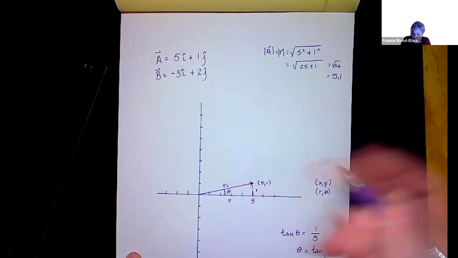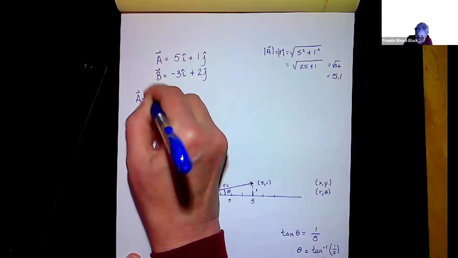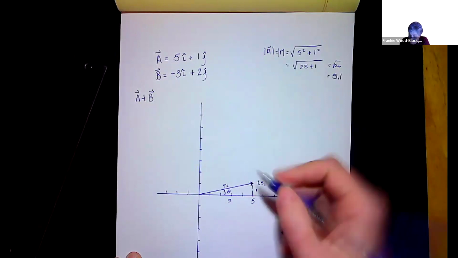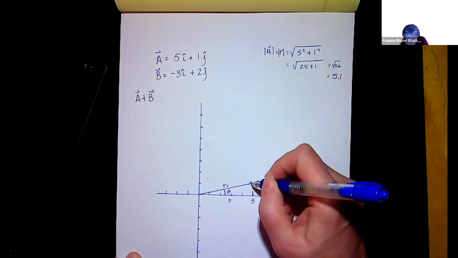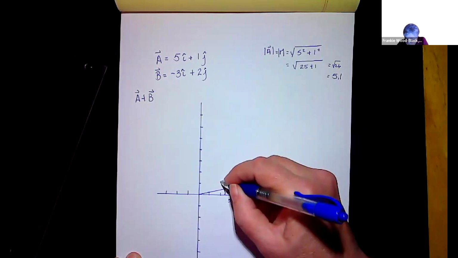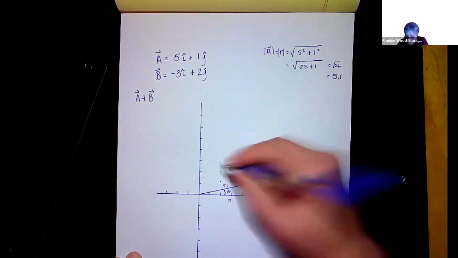So if I want to add vector A plus vector B, I can add them graphically head to tail. So in this case, we're going to go a -3. So I'm going to go 1, 2, 3. There's my -3. And then I'm going to go up 1, 2.